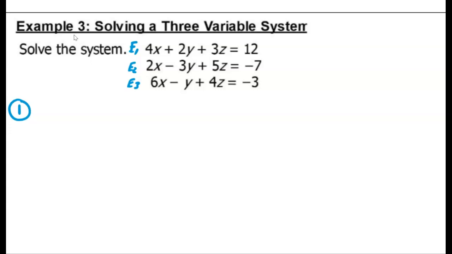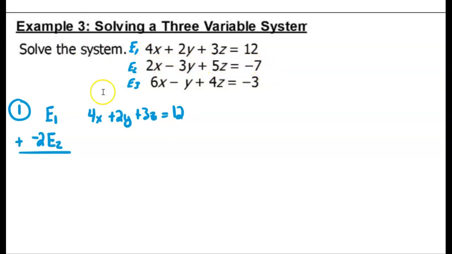So with equation 1 and equation 2, if equation 1 is 4x, if I took equation 2 times negative 2, then that would get me negative 4x, which would then cancel out. Let's look at what we're talking about here. So equation 1 is 4x plus 2y plus 3z equals 12. Now, if you took all of equation 2 times negative 2, let's write down what that would be.